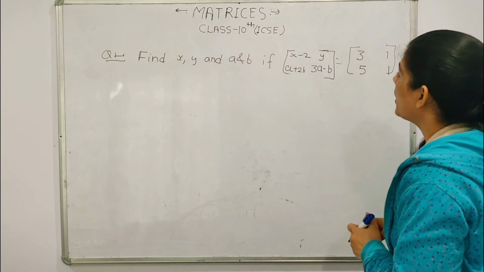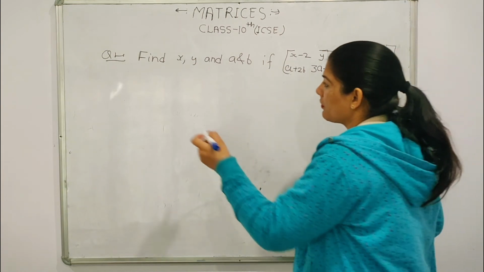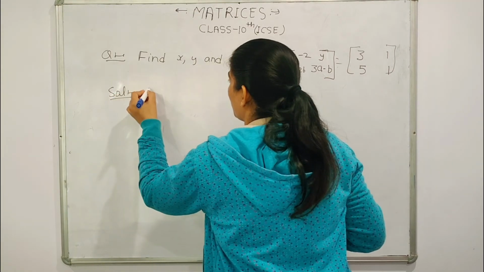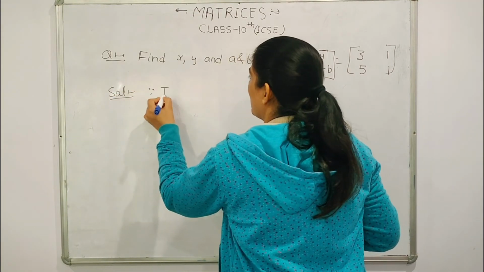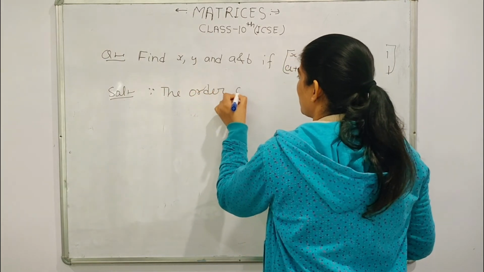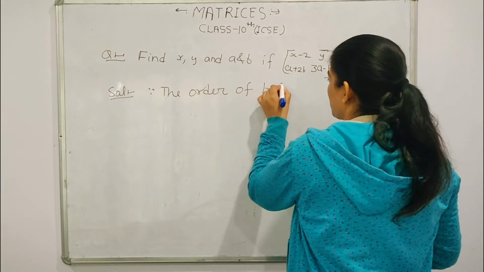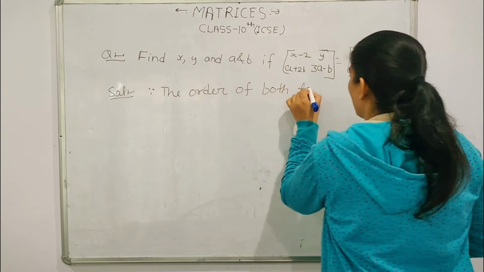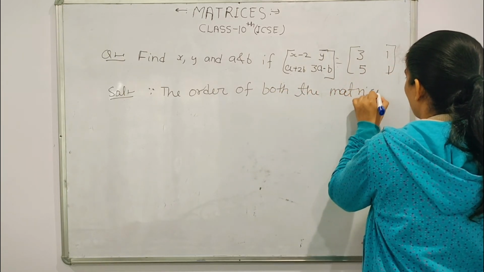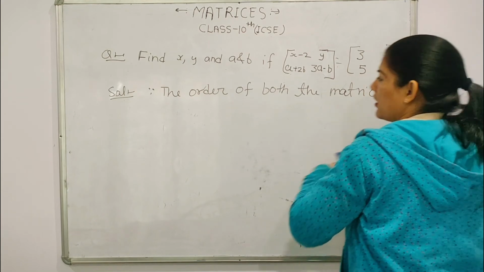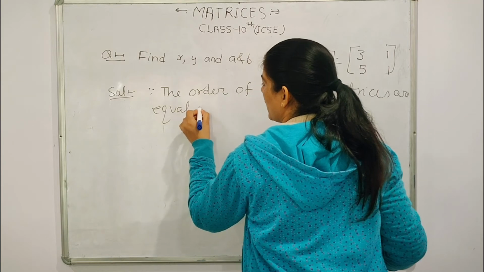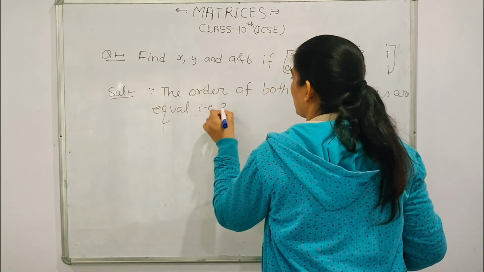So here you can see the orders of the matrices are the same. So you will write, since the order of both the matrices are equal, that is 2 by 2.